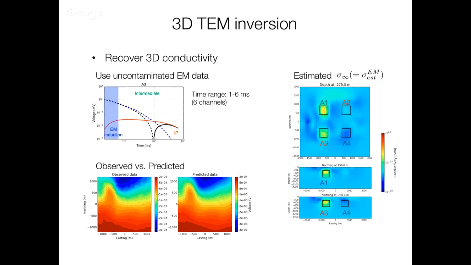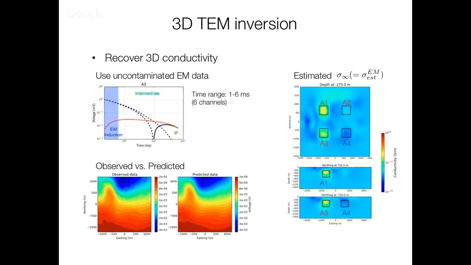Okay, so now I'm going to do the time domain inversion using the early time channels. And so I'm using 6 time channels. And here's an example of observed and predicted with one of the particular time channels. And when I do that, I get a sigma infinity that looks like this.